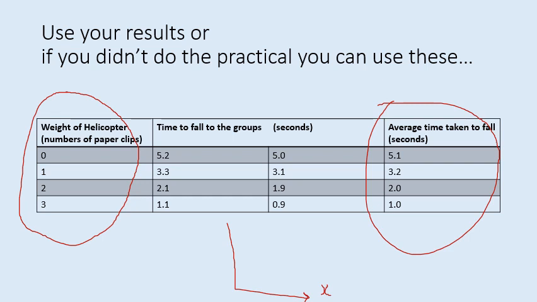So you're going to ignore the repeats, and you're just going to plot the average time. And that will go along the y-axis here. Okay, so in this case that's the dependent variable, and along the bottom is the independent variable. So this is the thing that you changed and this is the thing that you measured.